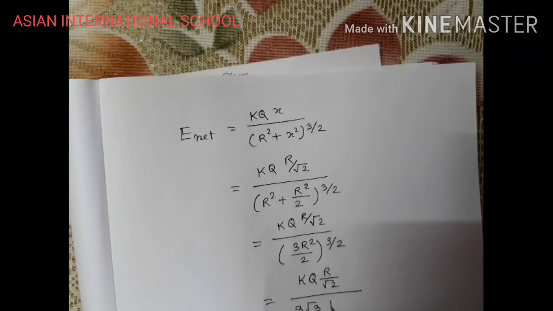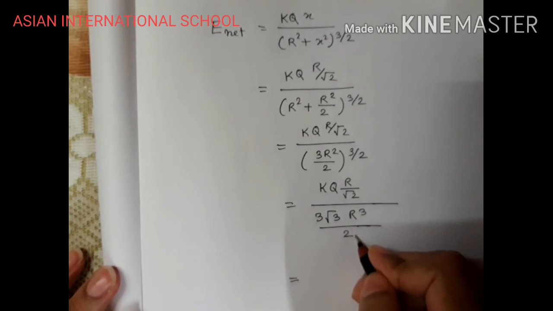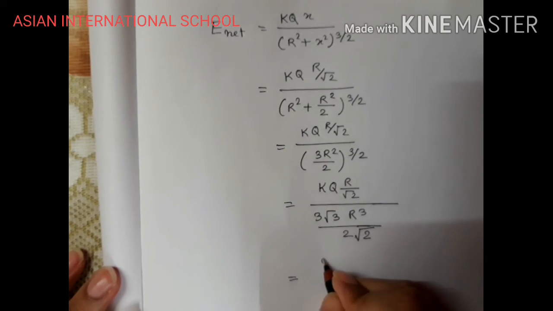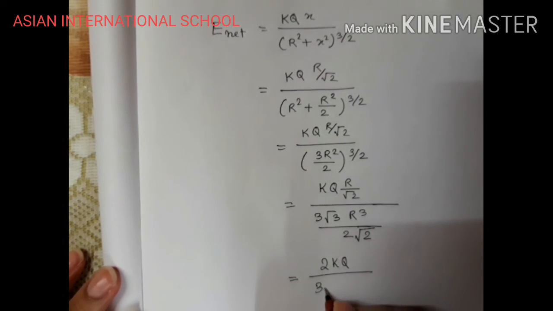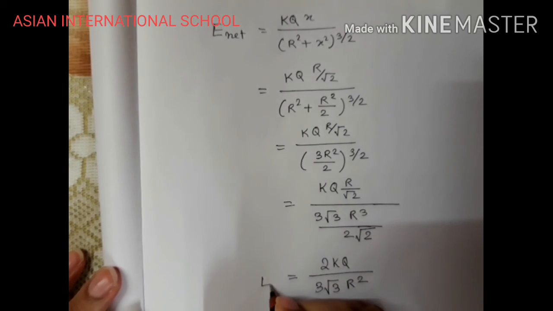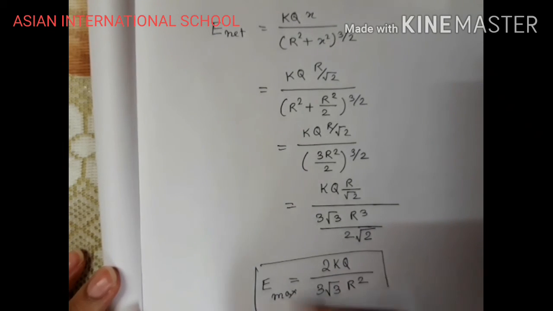Square and square will get cancelled out, r cube, and I am getting 2 here, divided by root 2. So after cancelling everything, I can write 2kq divided by 3 root 3 r square. So this is my maximum electric field at that position.